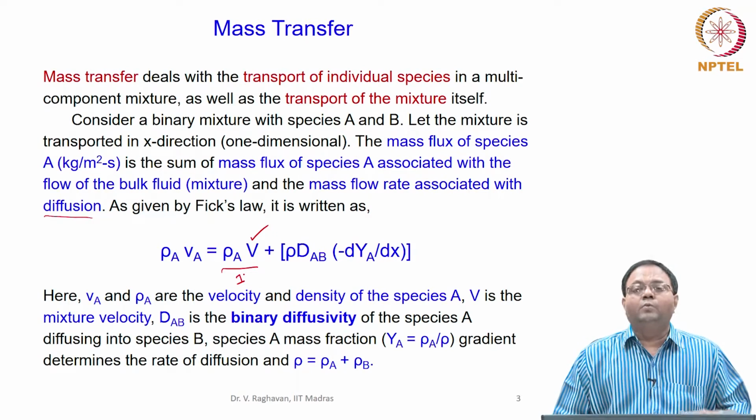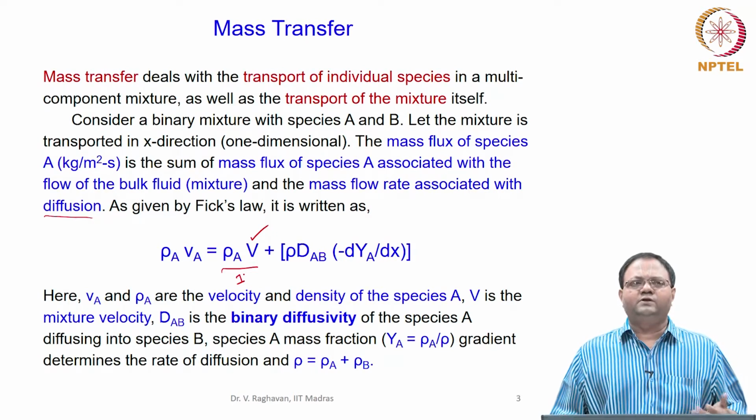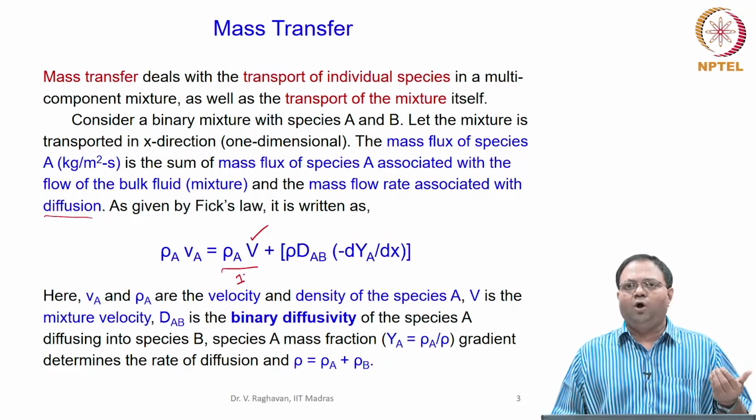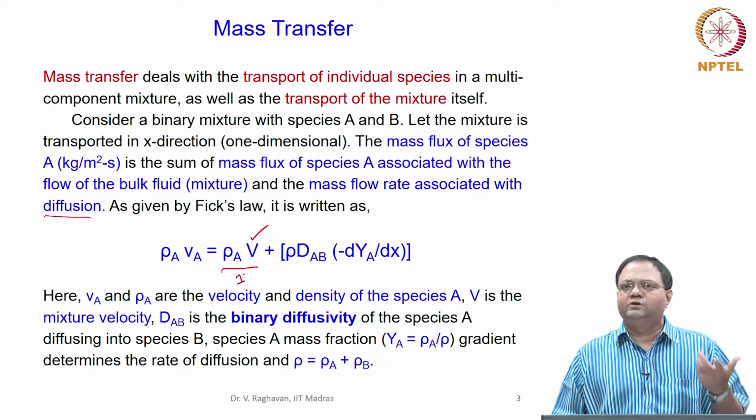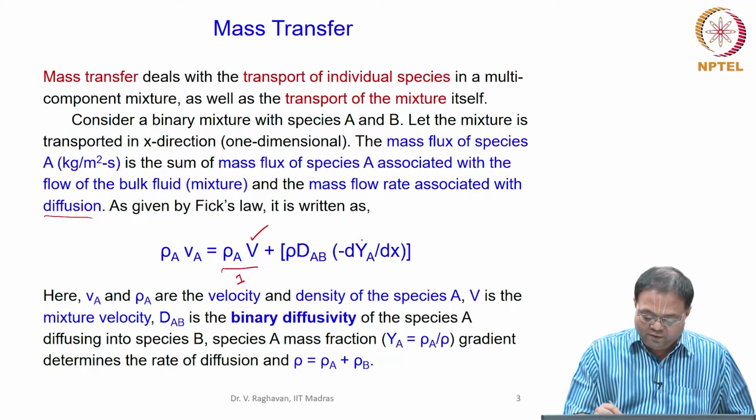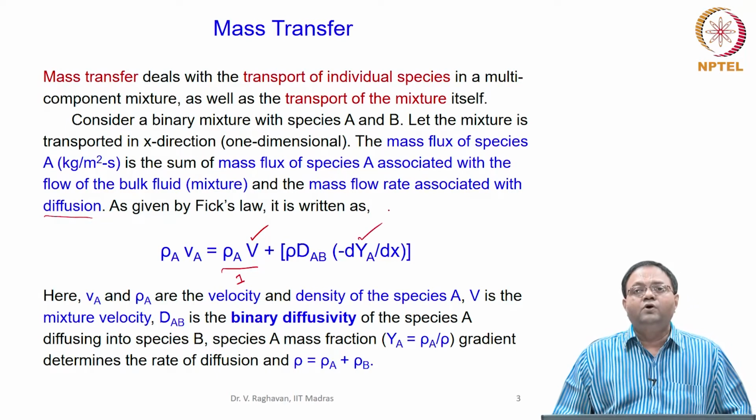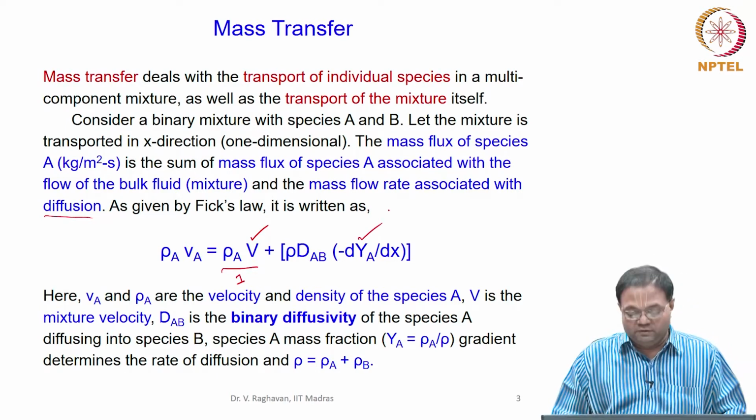Okay, then I told about the concentration gradient. Concentration can be the concentration or the mass fraction or mole fraction, anything. Here we have written the concentration in terms of mass fraction. So, everything is connected basically.